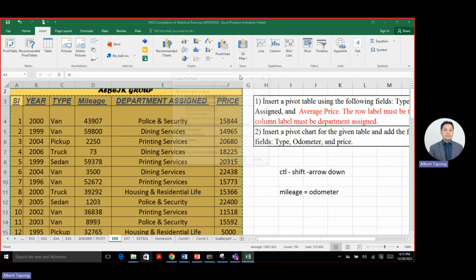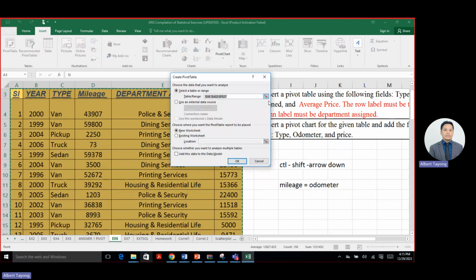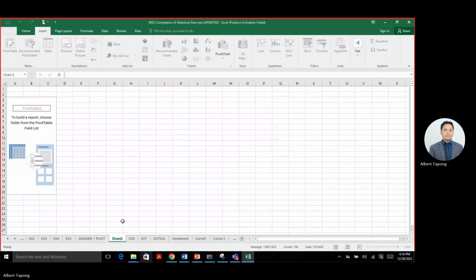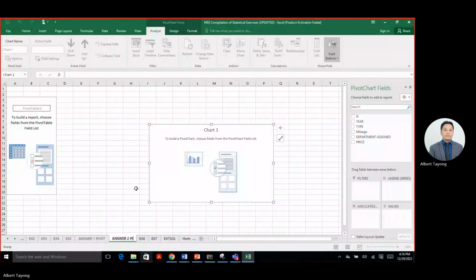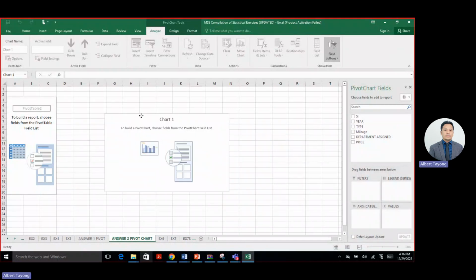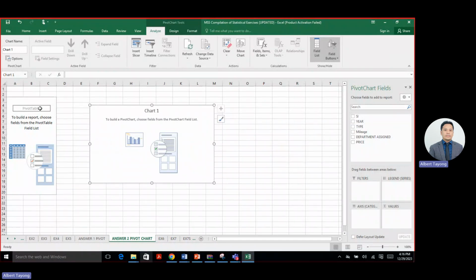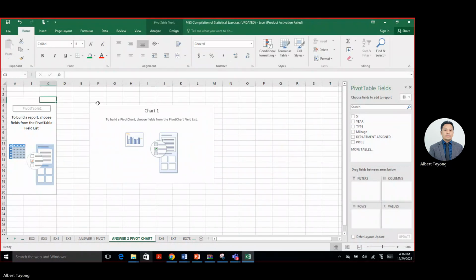Then click OK. It will take you to the other sheet. Rename this as answer 2, or you can type pivot chart. Now, as you can see, there are two: we have the table and we have the chart.